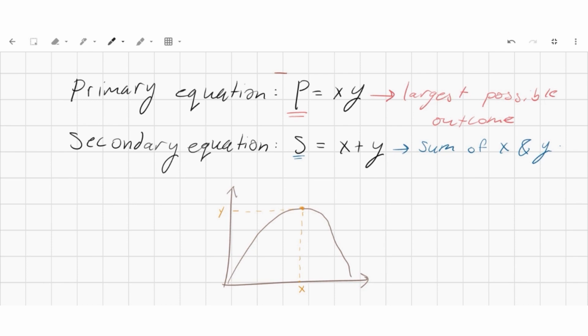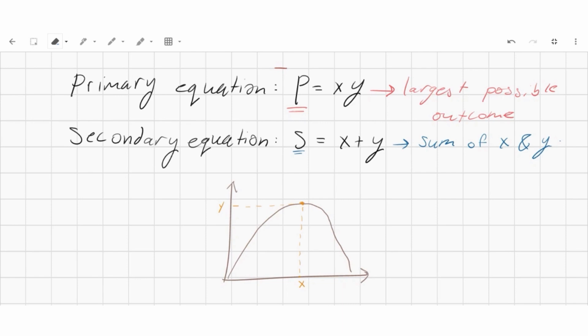As for the secondary equation, it's S equals X plus Y, where S stands for the sum of X and Y. And in this graph, we can see that since optimization is defined as the largest value of something, it's going to be the peak of the graph here. So it's going to be the largest possible value of Y in terms of X.